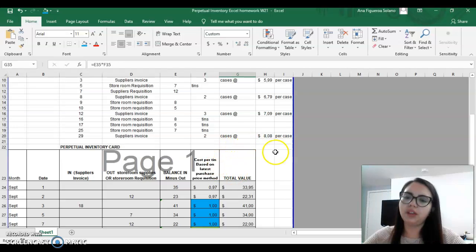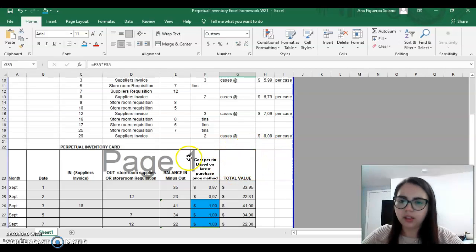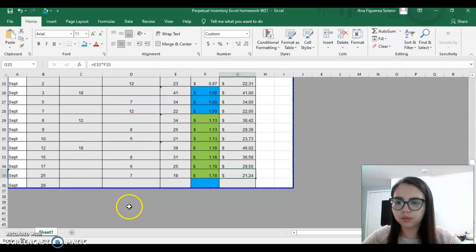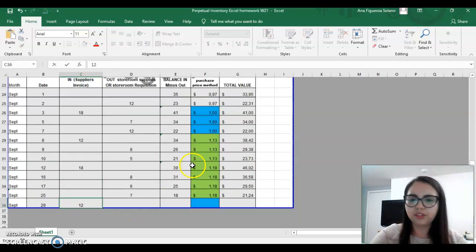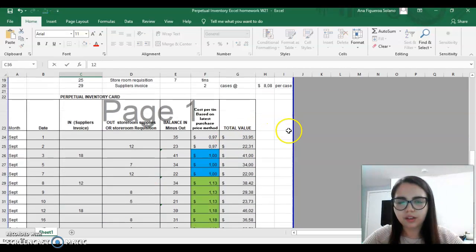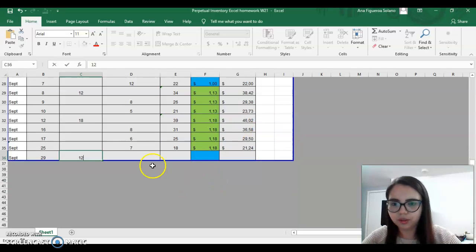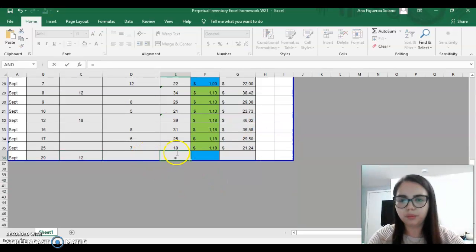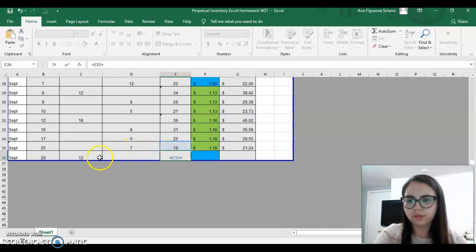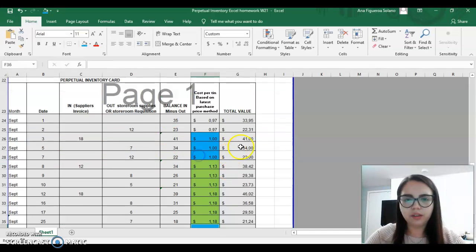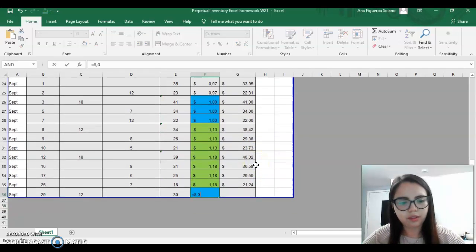For September the 29th, which is the last balance, there is an invoice of 2 cases, which means 12, and they're $8.08. So we're gonna add them up because they are going in, and the price is 8.08 equal divided in 6.